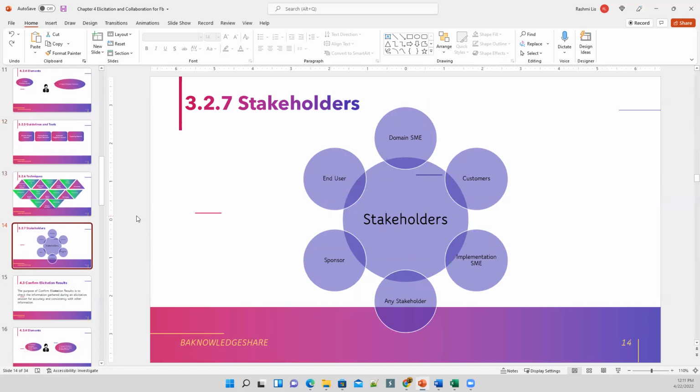There's about 50 techniques to really hone in on. So the stakeholders here are your domain SME, your customers, your implementation SME, sponsor and end user, as well as any stakeholder. When they say any stakeholder, it literally could be beyond what you have here. It could be anyone involved in and during the elicitation sessions.